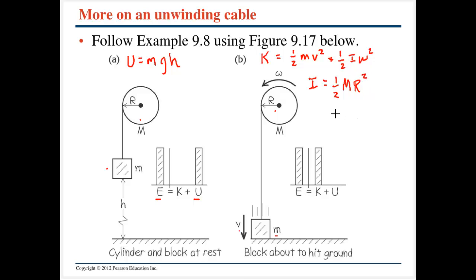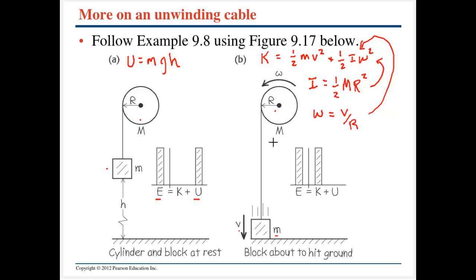And something else that I know is the relationship between the linear velocity and the angular velocity. I can write the angular velocity to be equal to the linear velocity divided by the radius of the pulley. So I can substitute these two into my expression up here and get everything in terms of a linear sense.